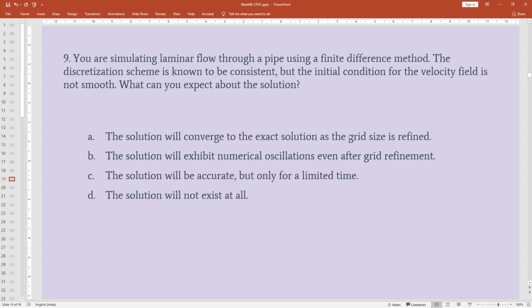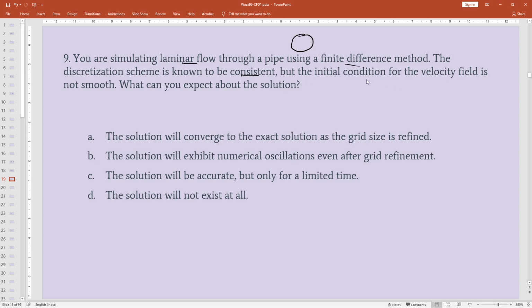So here, the simulation is on laminar flow through a pipe, that is, one having a circular cross section, and the discretization is done with the finite difference method, using a consistent discretization scheme.